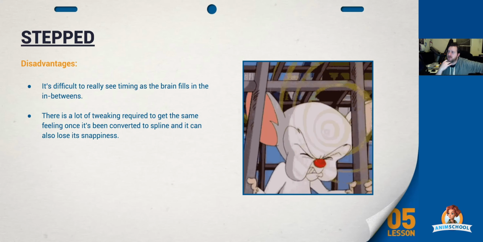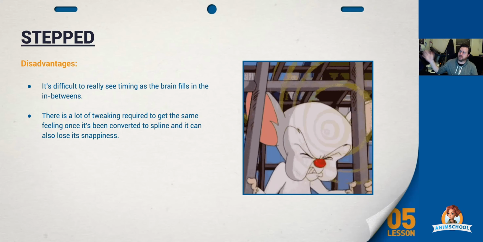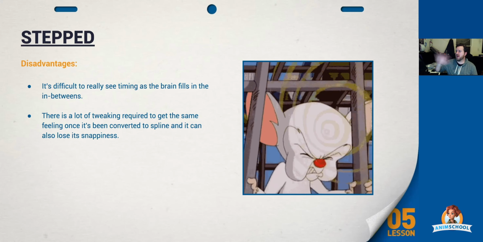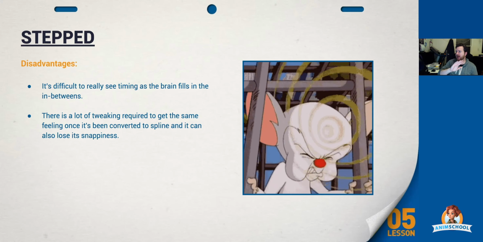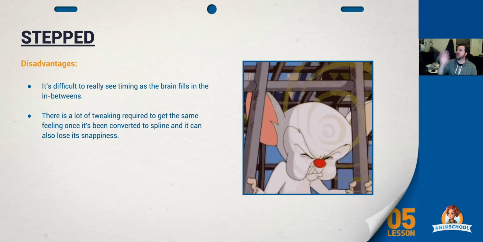So let's say my hand goes over here and then it comes back, right? So I go over here and then I hold it for a little bit and then I come back. In stepped mode, which most students do, is they have keyframe 1, keyframe 2, keyframe 3. I would have keyframe 1, keyframe 2, keyframe 3, keyframe 4.